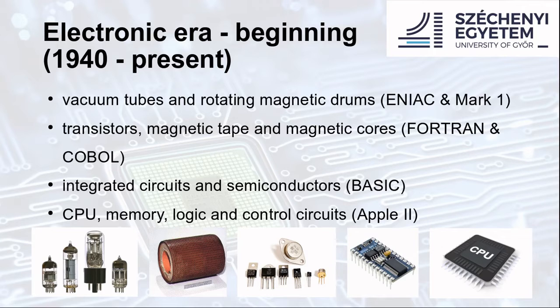The second generation replaced vacuum tubes with transistors, punch cards were replaced with magnetic tape, and rotating magnetic drums were replaced by magnetic cores for internal storage. Also during this time, high-level programming languages were created, such as Fortran and COBOL.